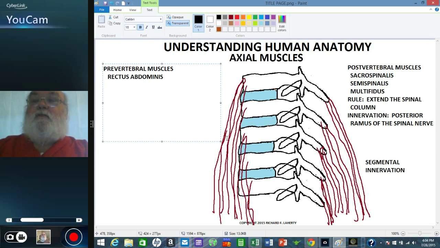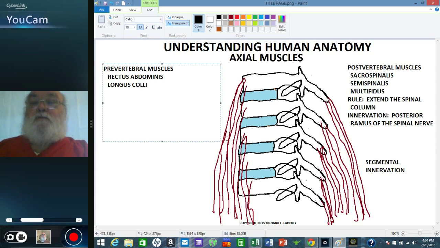We have muscles like longus colli, a muscle of the neck that does pretty much run up the vertebral column attaching to the bodies of vertebra.